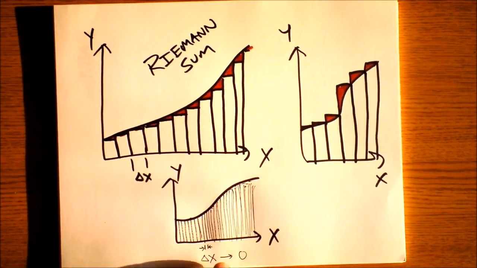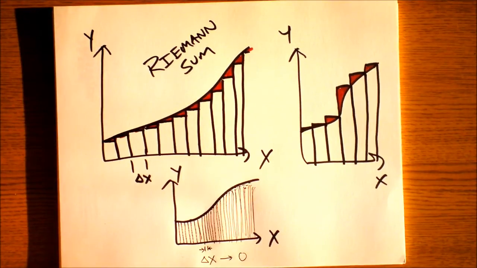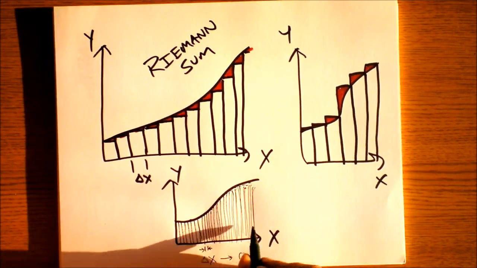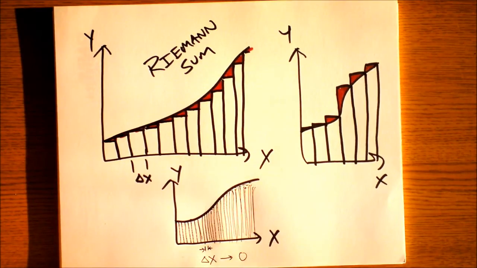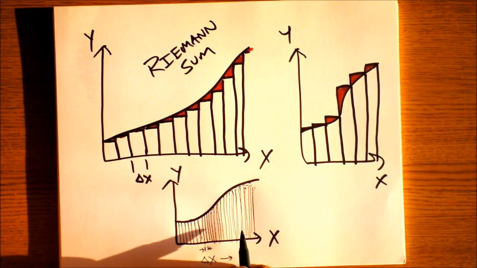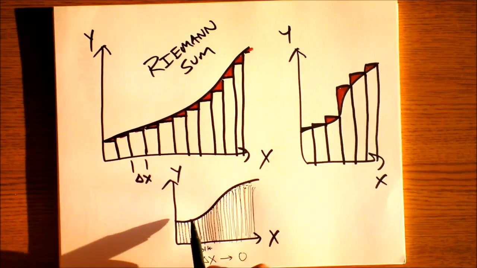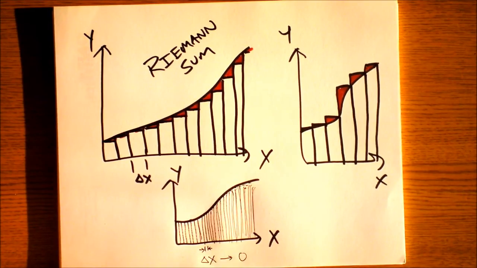But if the spacing actually reaches 0, how many of these intervals do we need to have? We'd have to have infinite spacings, each with a width of 0, but we'll just multiply that by the height of the function. And that's what integration truly means.